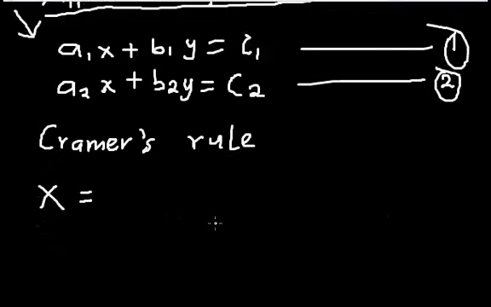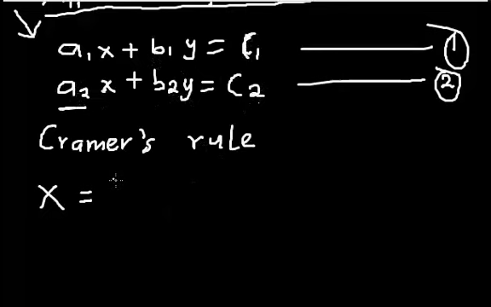Two corresponding determinants for x. The first determinant of x is going to be the determinant that I generate from the coefficients of the other variable except x. What do I mean by that? Apart from the coefficients of x, which are a1 and a2, the other coefficients I have here are b1, b2, and I have the constants c1, c2.